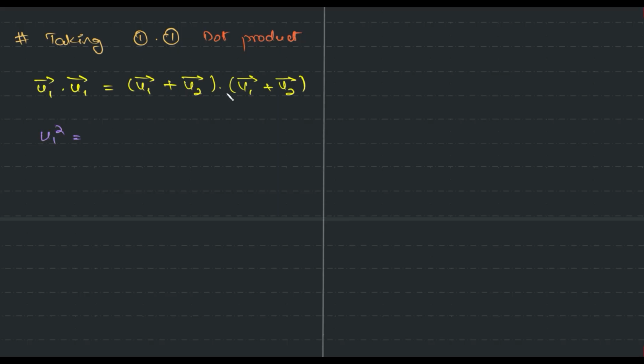And then v1 dotted with v1 will be v1 square, plus v1 dotted with v2, then plus v2 dotted with v1. These two results are equal, plus v2 square.